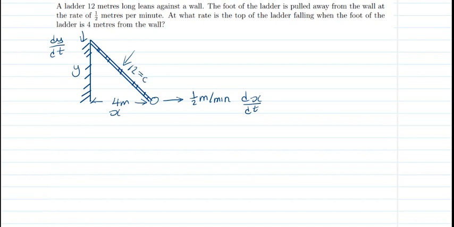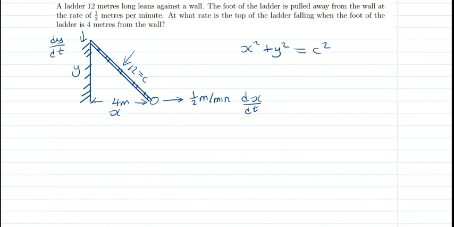So using this information, we need to find the rate at which the ladder is falling along the y-axis. We can start with Pythagoras' theorem: x squared plus y squared equals c squared.